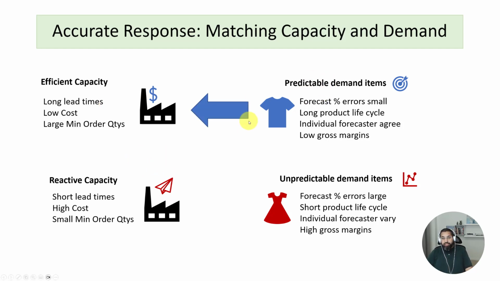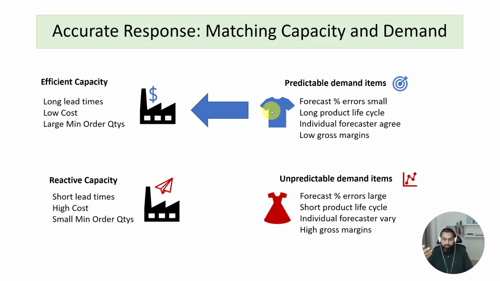So for predictable demand items, you're going to be producing most of the quantity that you expect to sell, or all of the quantity, on efficient capacity. Which is why, if you think back to the beginning of this lecture, I said knowing the forecast error is really important.